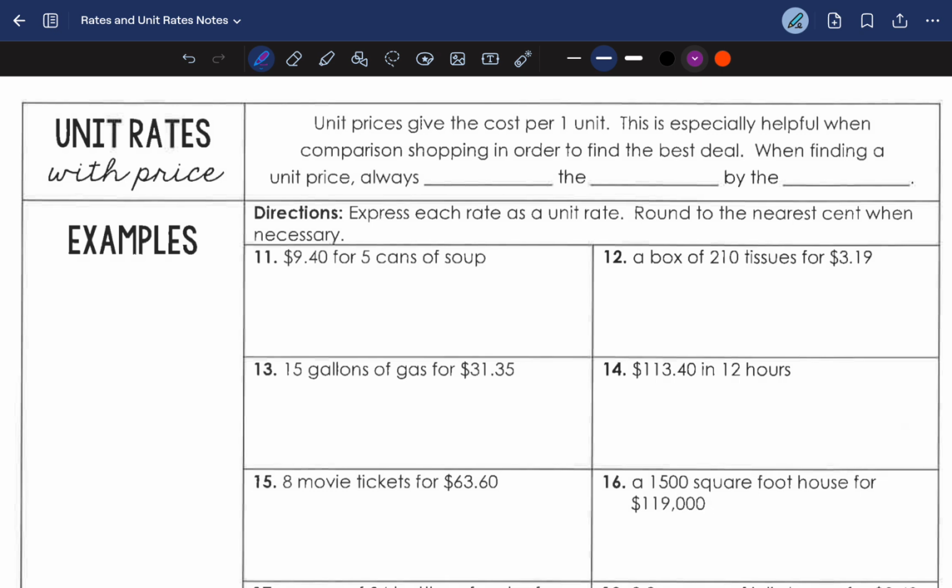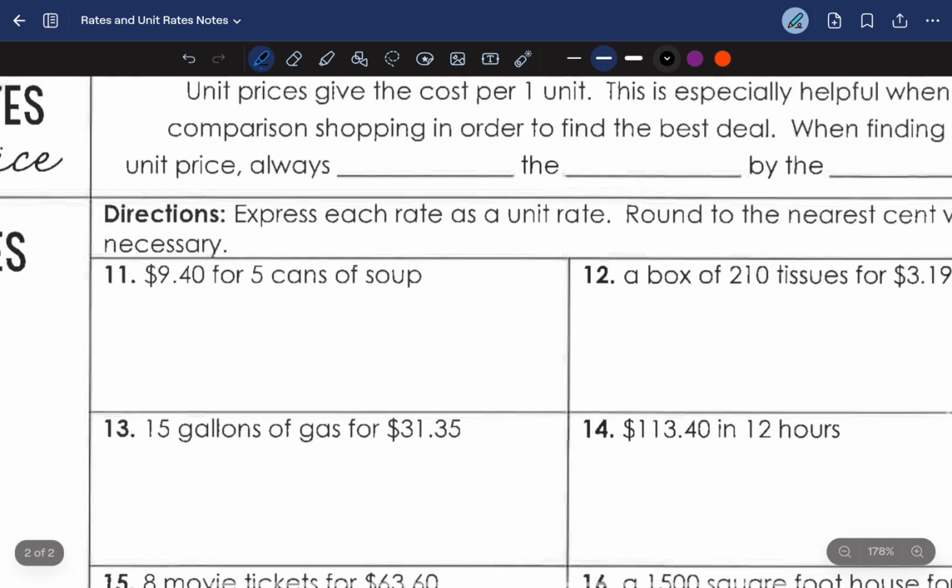So anyways, it says unit prices give the cost per 1 unit. This is especially helpful when comparison shopping in order to find the best deal. When finding a unit price, always divide, that's the first blank.